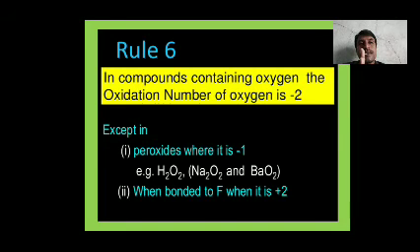In superoxides, it is minus one half, like potassium superoxide KO2. So oxygen's general oxidation number is minus 2, in peroxides minus 1, in superoxides minus one half, in fluorides plus 1 and plus 2.